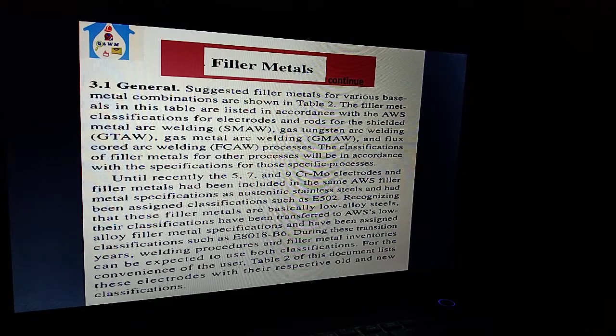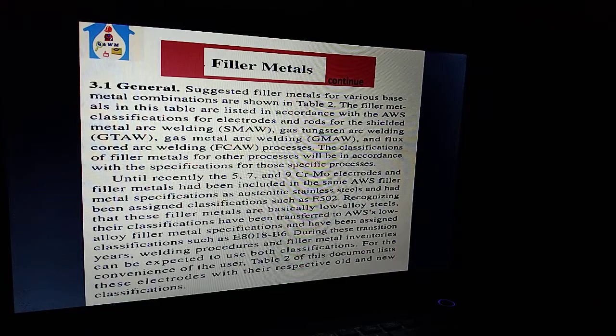Until recently, the 5, 7, and 9 chrome-moly electrodes and filler metals had been included in the ASME/AWS filler metal specification as austenitic stainless steel and had been assigned classifications such as E502.